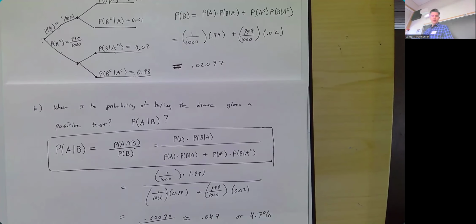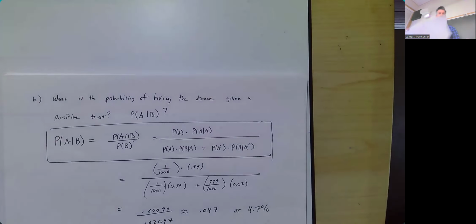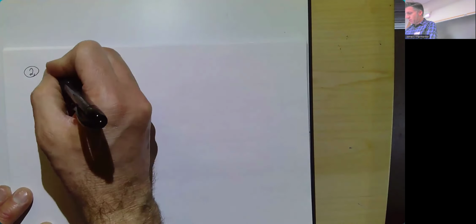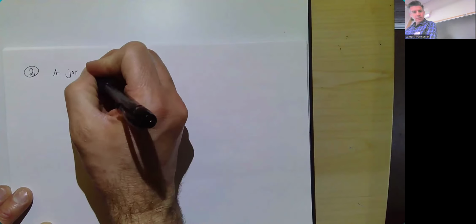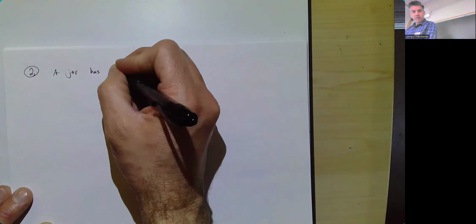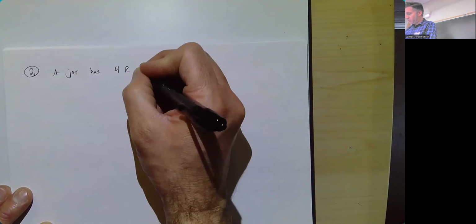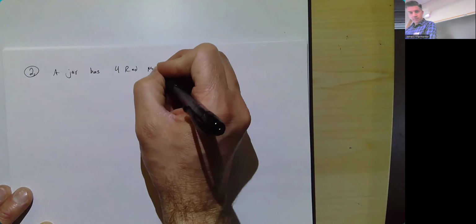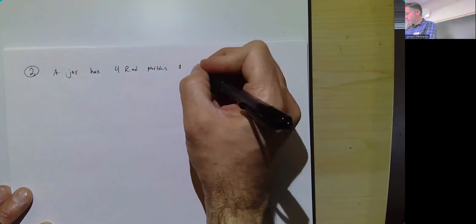Okay, let's look at a couple more examples. Say we have an urn or a jar. A jar contains 4 red marbles and 6 green.